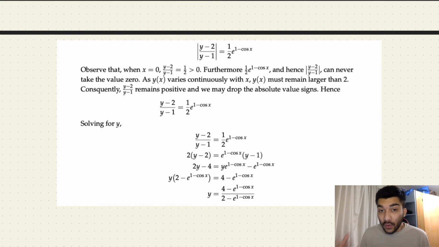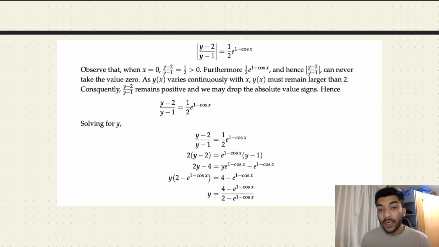But y is a continuous function, it does not have a break point. So we cannot have y values lesser than 2 either. I hope that makes sense. Feel free to comment down in this video if you have any doubts about this important consideration.